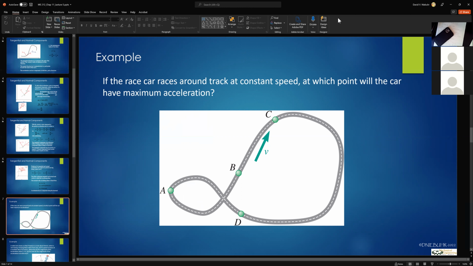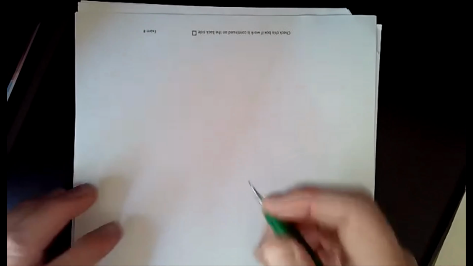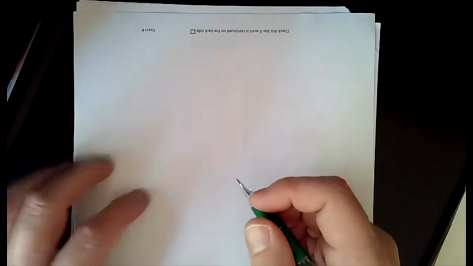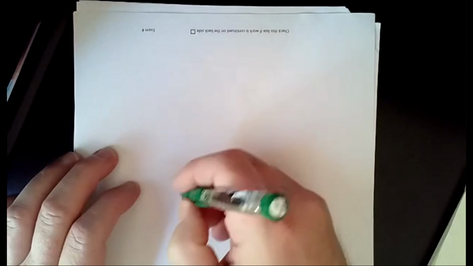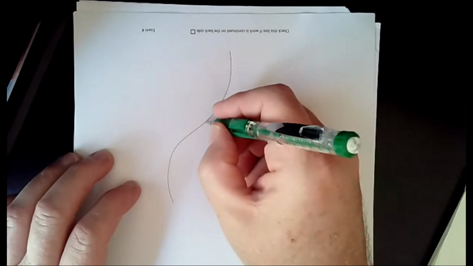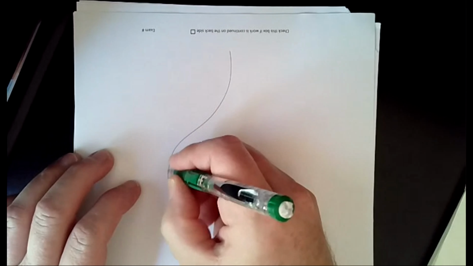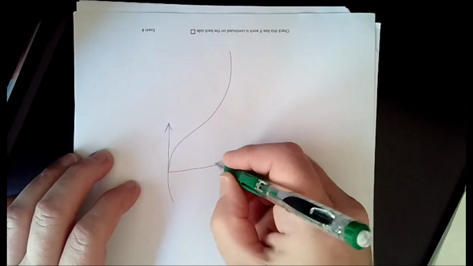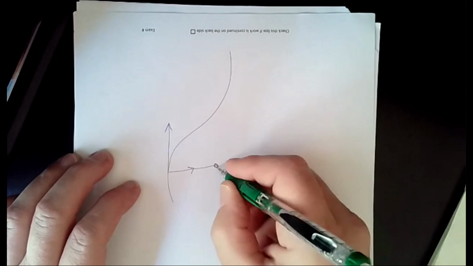When we look at something that's moving along a curve, as long as you're, say, right here, you're going to have that acceleration toward the center of curvature.